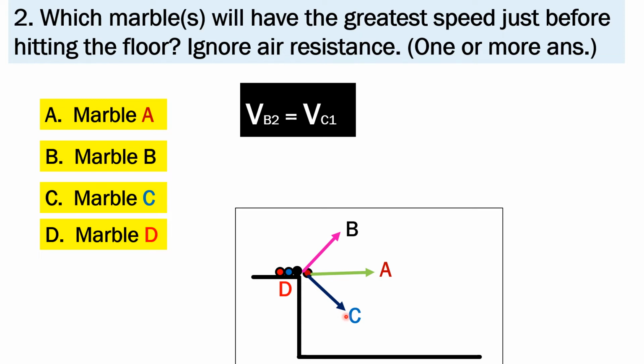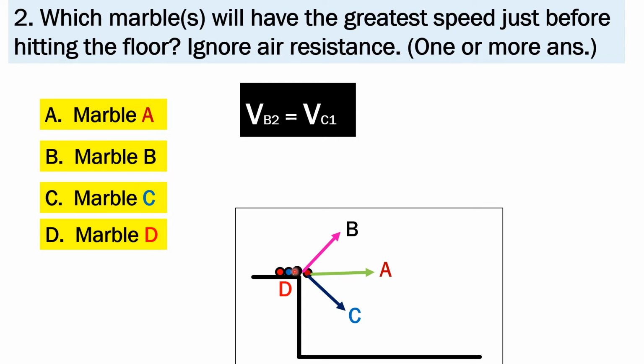Why is this analysis correct? Because it was specified that marble B, when launched upward at an angle of 45 degrees, goes up, reaches the maximum and then comes back, it assumes the same situation as marble C, whose angle below the horizontal is also equal to 45 degrees.